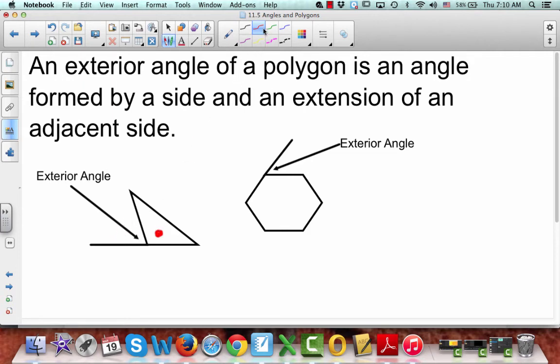The outside is everything around it, just like over here, the outside is everything on the outside of the figure, and so that makes this the exterior angle. How many exterior angles do you think a triangle will have? Yes, there will be 3, because 1, 2, 3, like that.